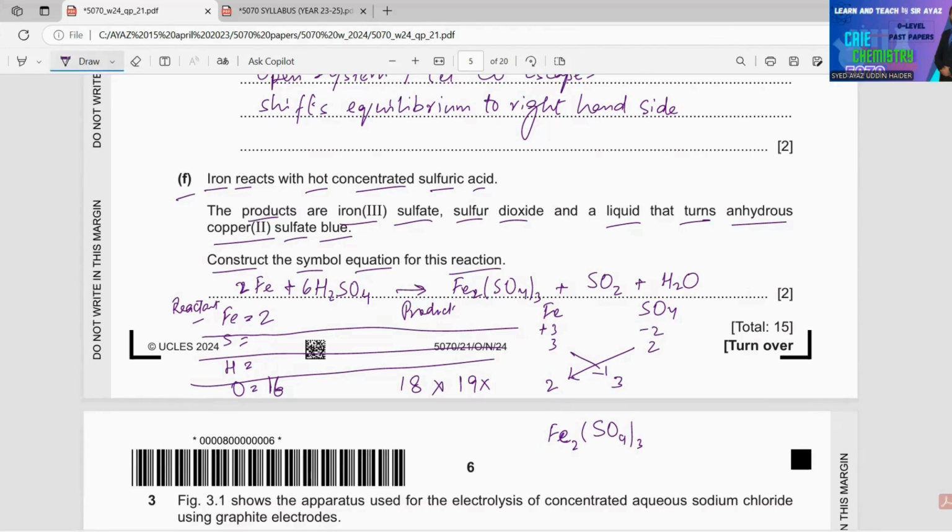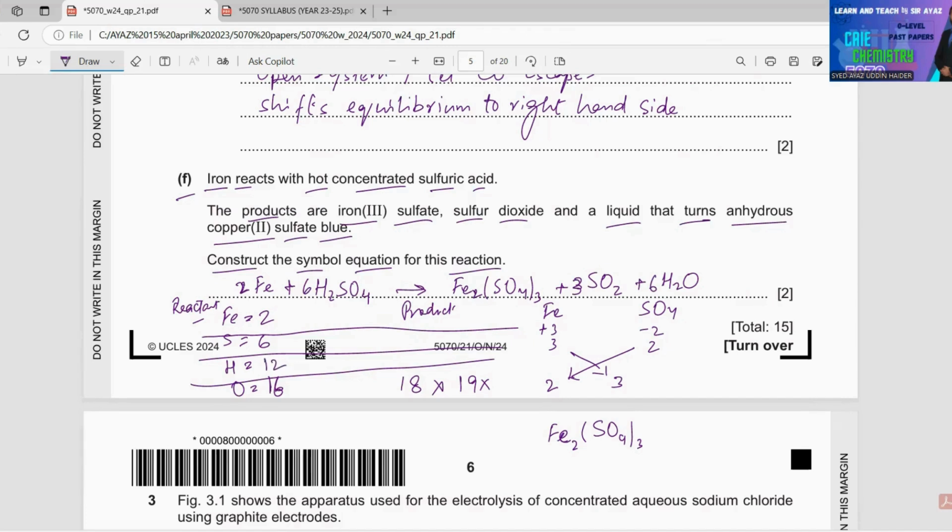Now the sulfur becomes 6 this time. So on the product side, we need to write 3 before SO2. Sulfur is balanced. What about hydrogen? 6 twos are 12, so I will write 6 before H2O. Hydrogen is balanced.